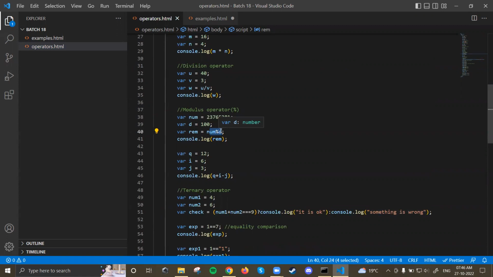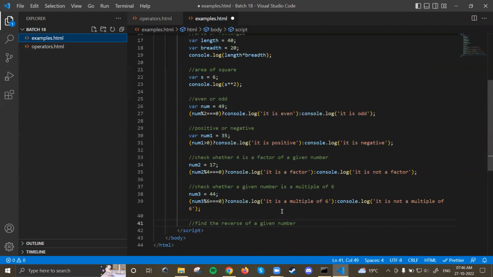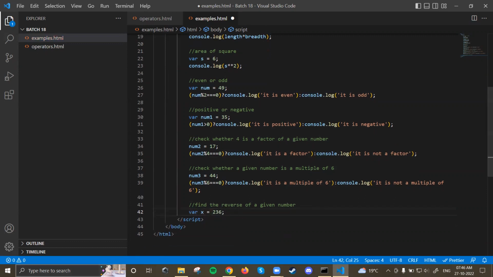For example, a number x is equal to 236. So what we need to do is first, let me show you here.